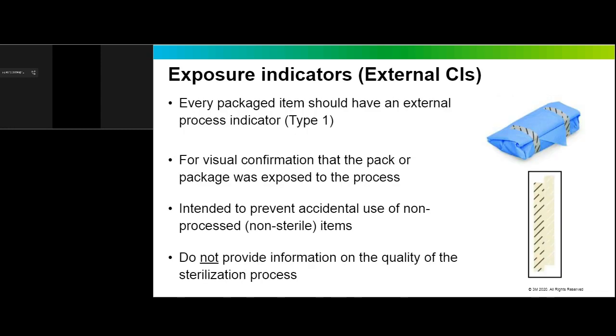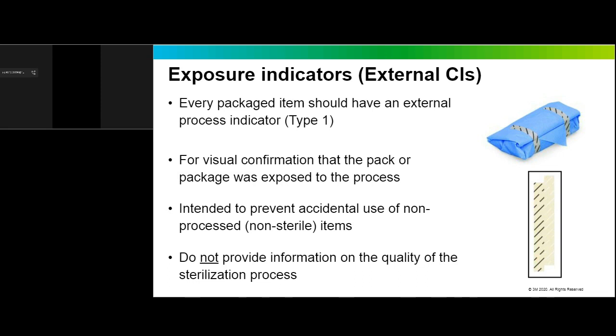We talk a little bit about exposure indicators. So this is our external chemical indicators that are on every item. It can be indicator tape that does two things: keeps the bundle closed, and is also printed with ink to indicate exposure. On our containers, there might be a dot on the lock to indicate exposure, and they provide simply a visual confirmation that the load saw steam.